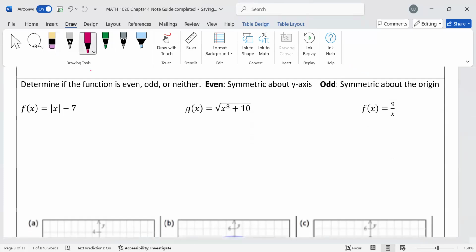All right, so if you graph this one, it's going to look like this. So that one is symmetric about the y-axis. If we fold it on the y, it'll match up. That means it is even.